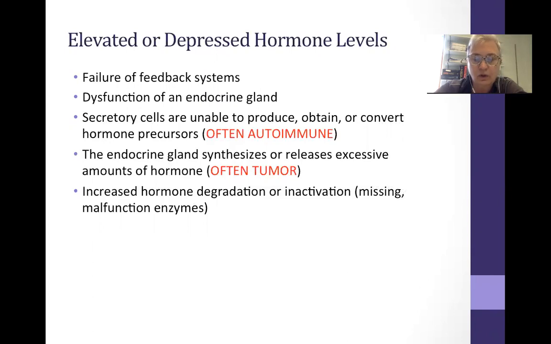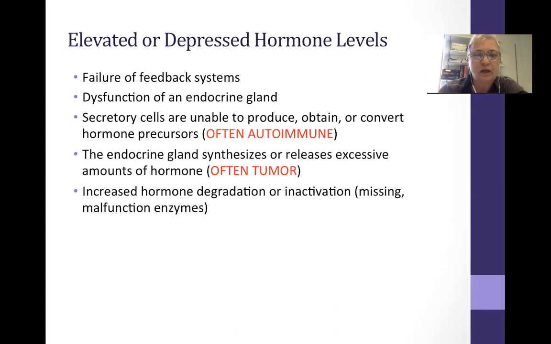A lot of times when there's an endocrine issue, there's an elevation or depression of hormone levels. It could be for various reasons, but the two things I would like to speak about today are that often there's an autoimmune issue or a tumor issue. If it's autoimmune, the gland tends to not be able to produce what it should.